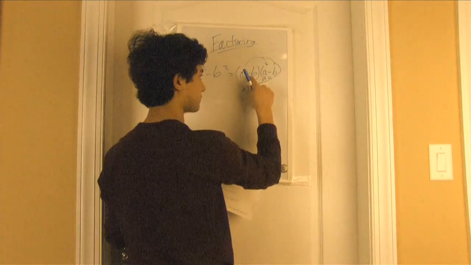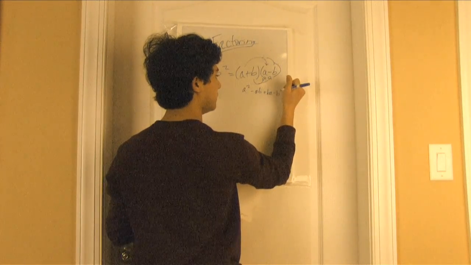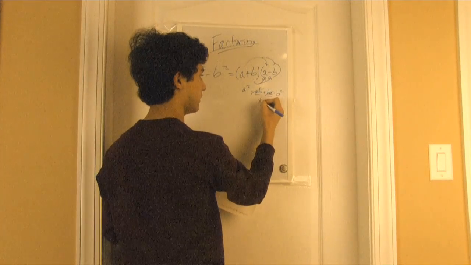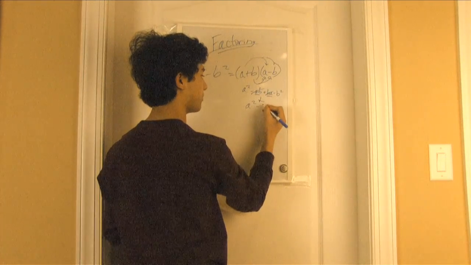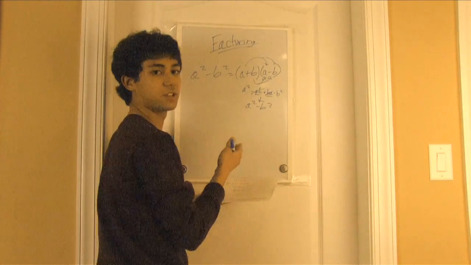Also, that would give you b squared. So these two terms cancel out, and you're left with a squared minus b squared. That's the formula.